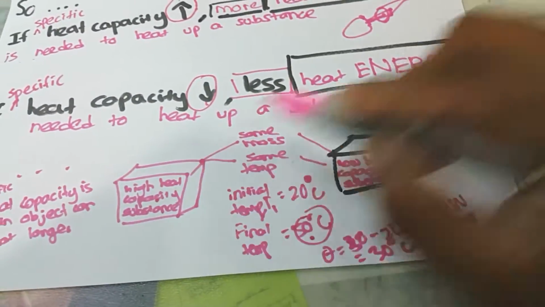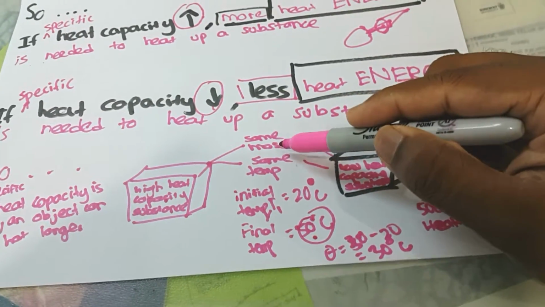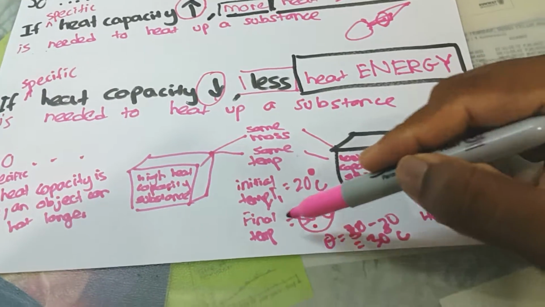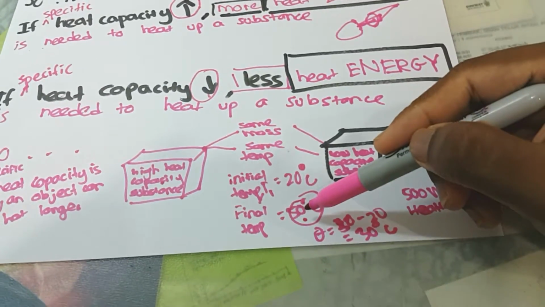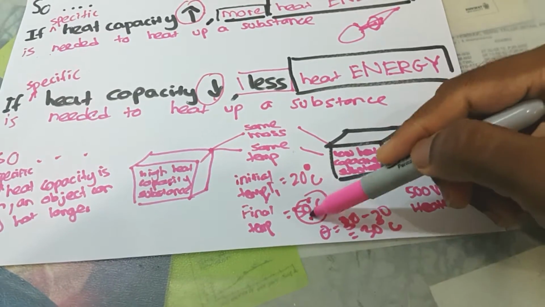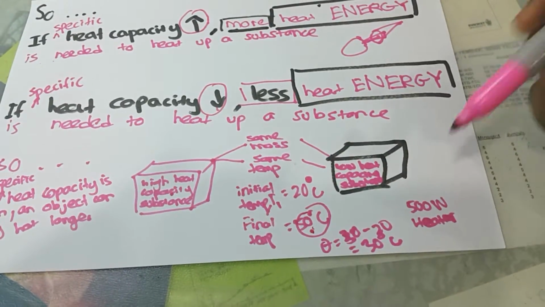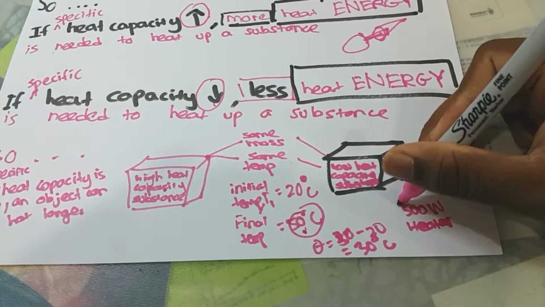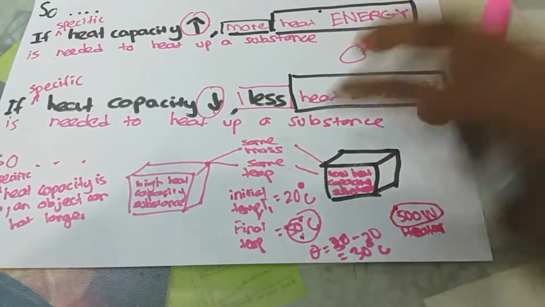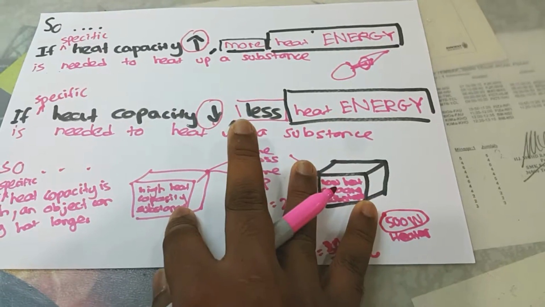I have two objects here, two cubes. They have the same mass and the same initial temperature, which is 20 degrees Celsius. I want to heat them up to 50 degrees Celsius, so the change in temperature will be 30 degrees Celsius. I'm using the same power, transferring the same amount of heat energy per second to both of these.